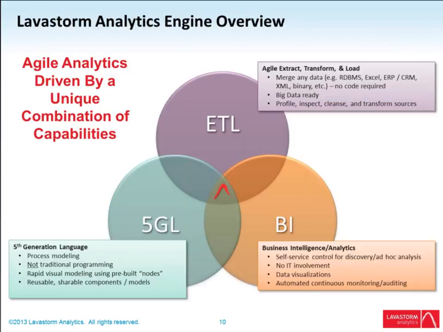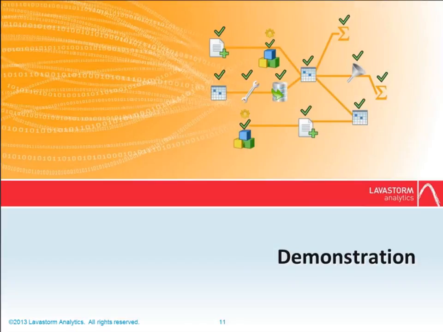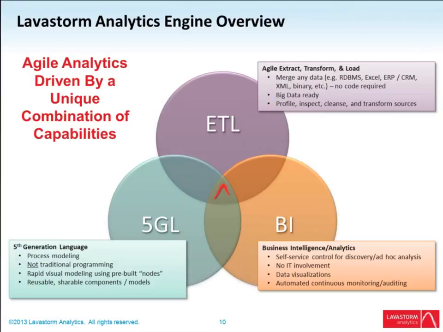This is the last slide before we get into the actual example, just a little bit about the Lavastorm analytics engine. It is a combination of three major components. An ETL engine, which allows us to acquire data very agilely without a lot of infrastructure, and pull in all the data and do everything we need to prepare it for analysis.